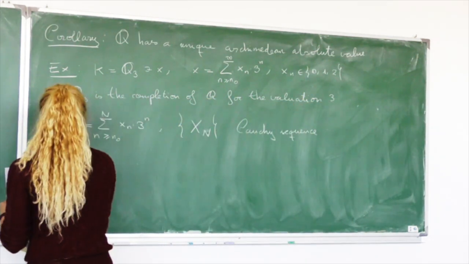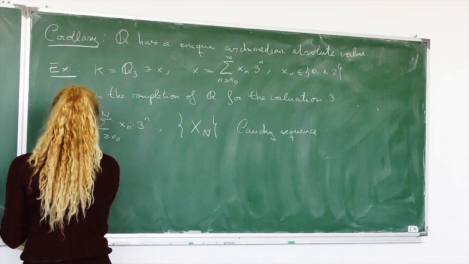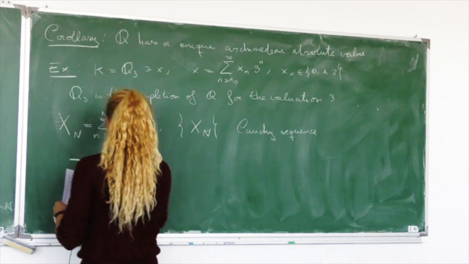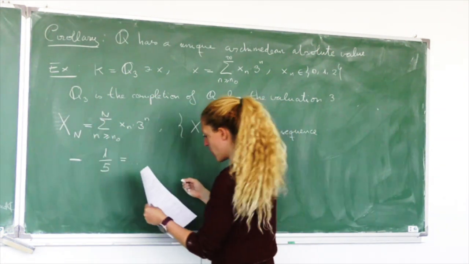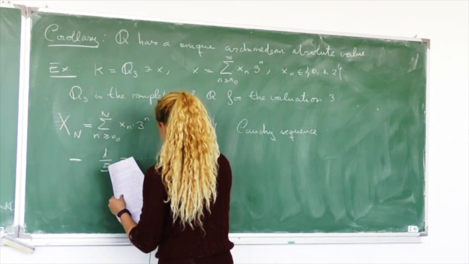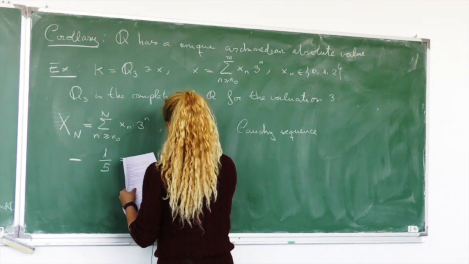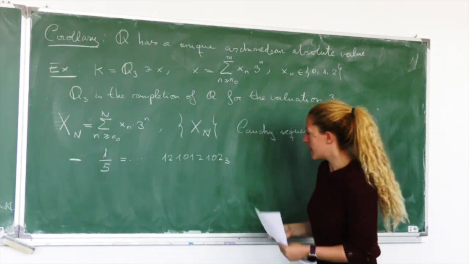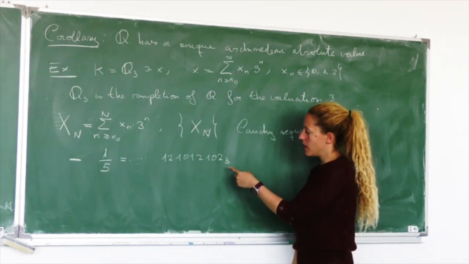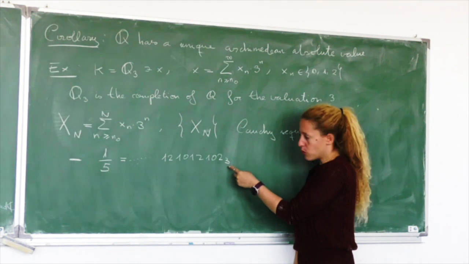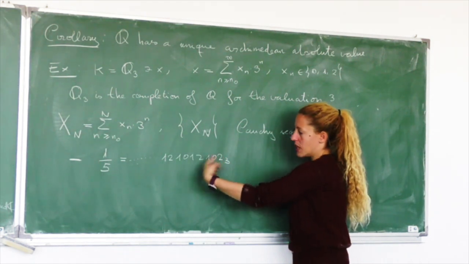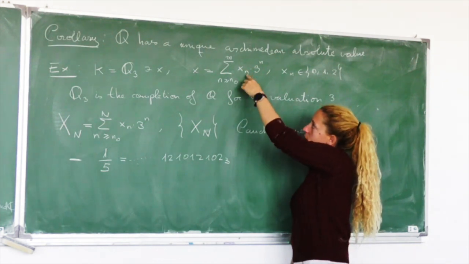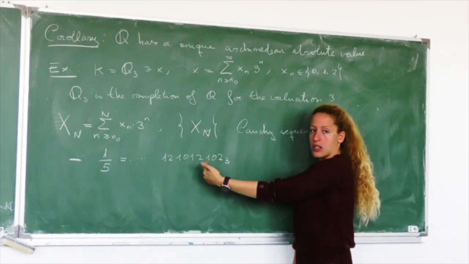For you to check, if you haven't seen it before, you can write 1/5, for instance, in a three-adic way as follows. This is the notation to say that I'm working in base 3. Those numbers written like this mean that in the sequence, x of something negative is equal to 0, because there is no point.